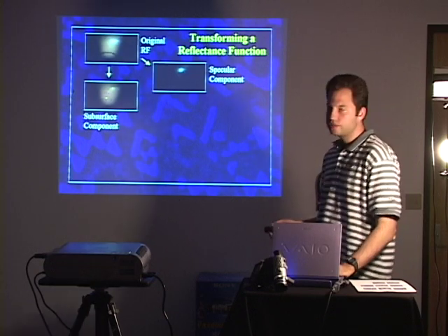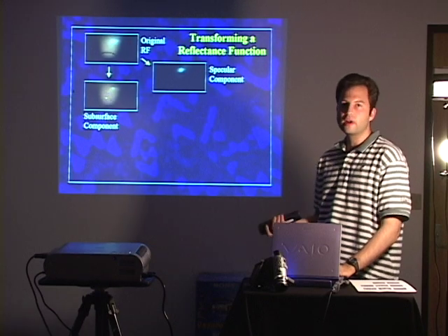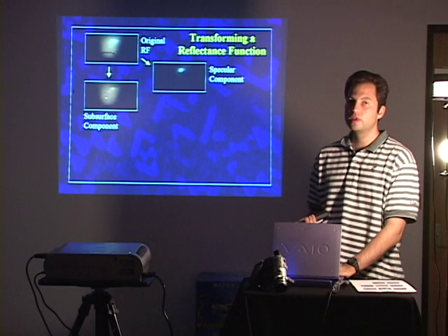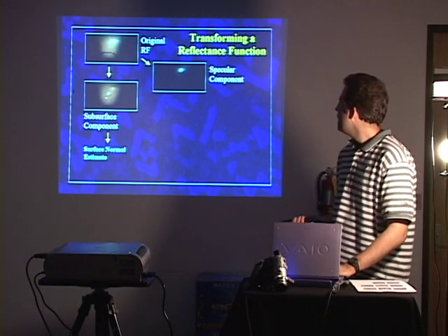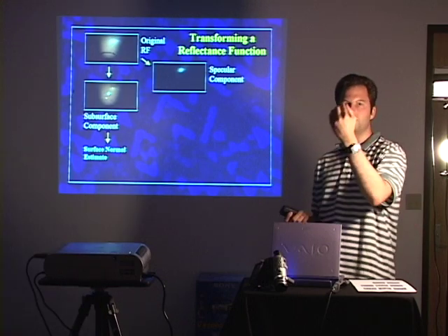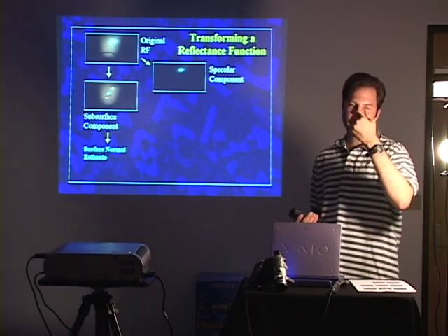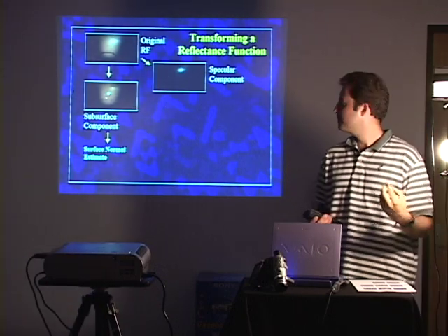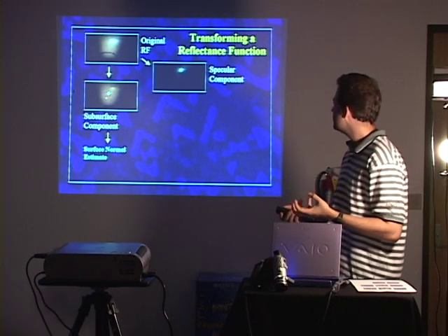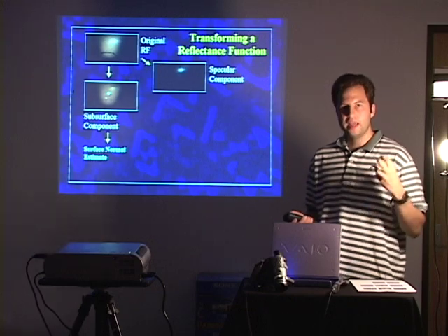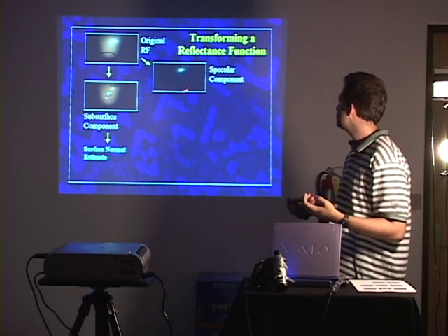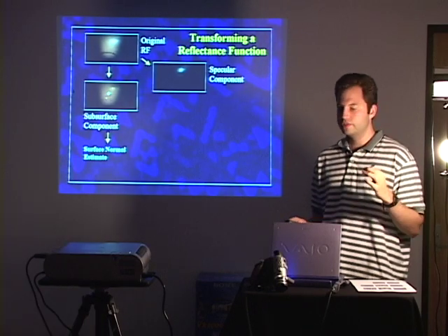Now, by analyzing the subsurface component, we can figure out a variety of things about this particular piece of skin. In particular, one of them is its surface normal. And once we have its surface normal, then we can actually figure out where the specular component was pointing originally and where it should be pointing in the new rendering. So what we do is look at the specular component closely, and as it turns out, this actually gives us a direct readout of the microfacet distribution of that particular area of skin.